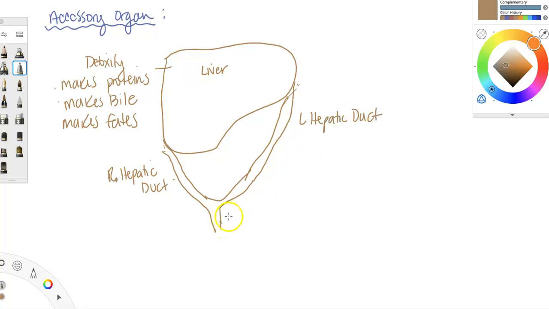And they converge to form the common hepatic duct. All right, so that comes down here, and off of that is this little organ that has a little duct off of it, and this is called the gallbladder.